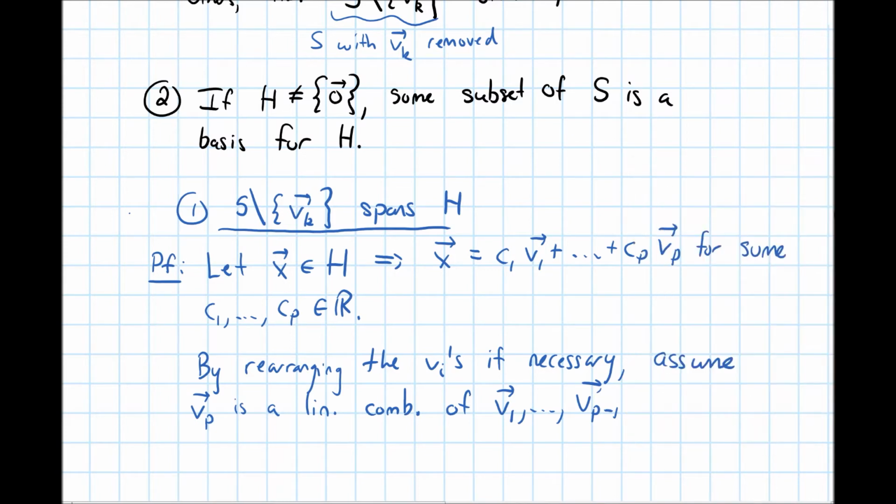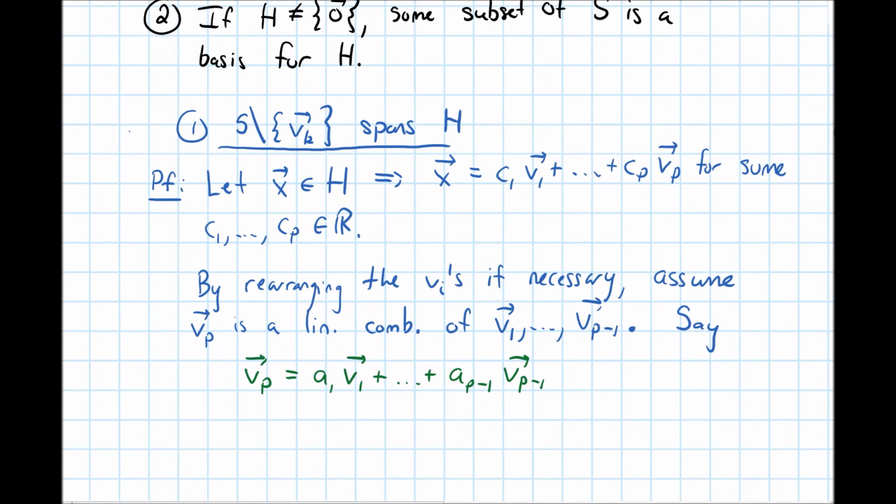If that's the case, then I can write it as an equation. Let's say that vp equals some number a1 times the first vector, plus ... plus some number ap minus 1 times the last vector, vp minus 1. Notice that I've chosen different variables here, a1 up until ap minus 1, because I've already introduced variables called c1 up until cp, so I can't reuse those.